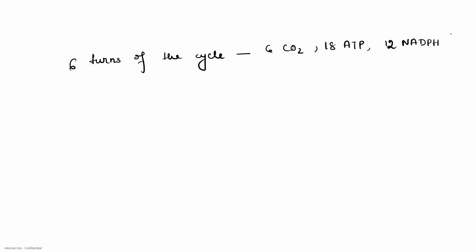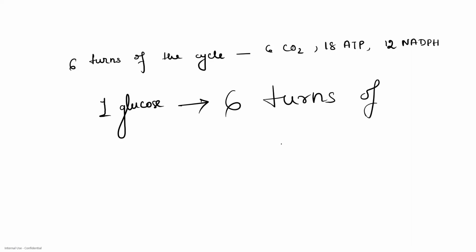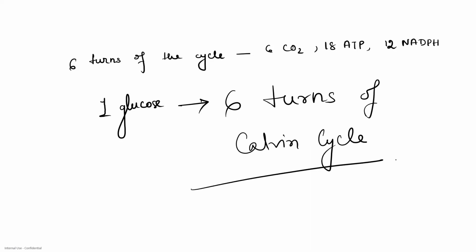So, to keep the summary of the story in mind, you will have to remember that one glucose formation involves 6 turns of the Calvin cycle. You will not forget this at all.